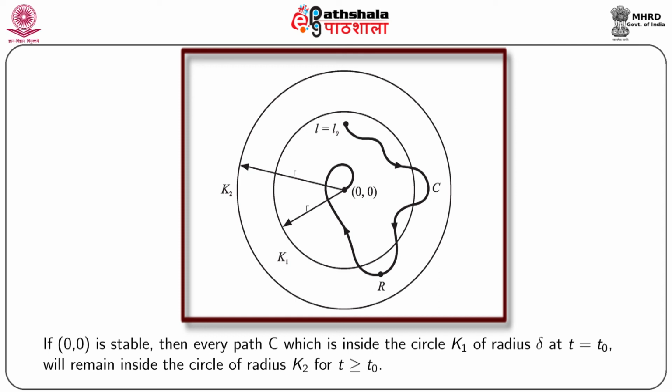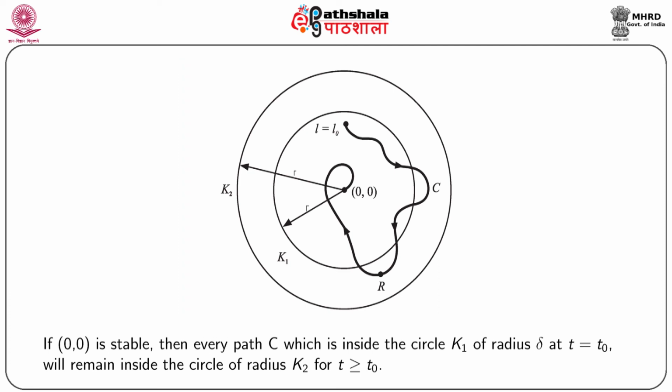Now, we will say that (0, 0) is stable if every path C which is inside this circle k1 of radius delta at time t equal to t0 will remain inside the circle k2 of radius epsilon for any time t greater than or equal to t0, which means that the paths generated by this C will be contained in this circular patch between the circles k1 and k2.